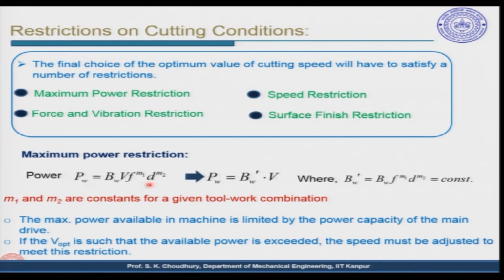So, this is the machine power. The machine will be designed with this power, and we can calculate the power required for the fabrication from the optimum velocity that we have calculated from the economics of machining. If that power is more, we have to decrease the value of V to get a decreased power that matches the power of the machine available. This is the maximum power restriction.